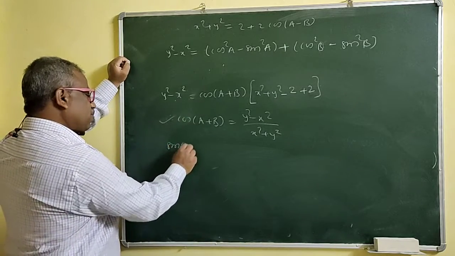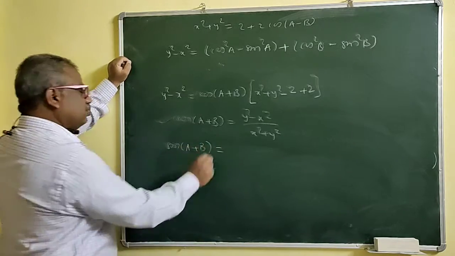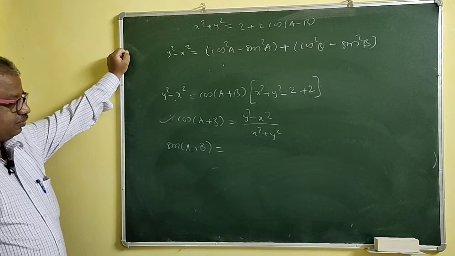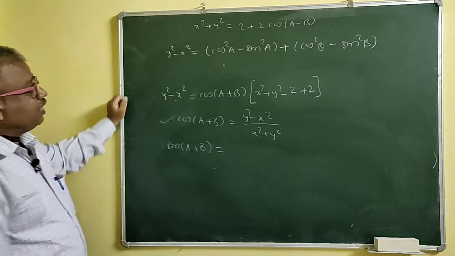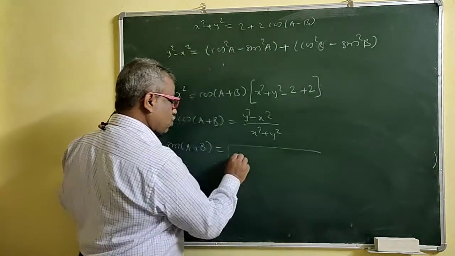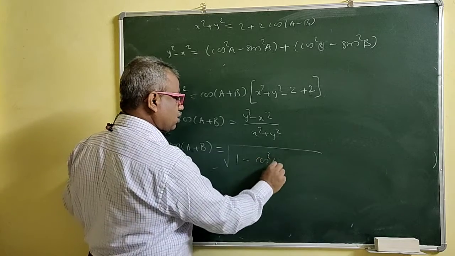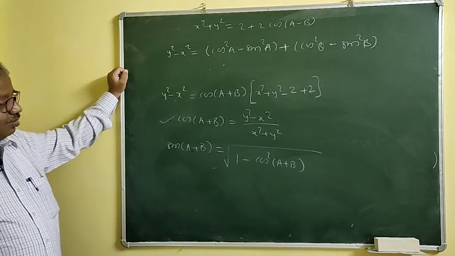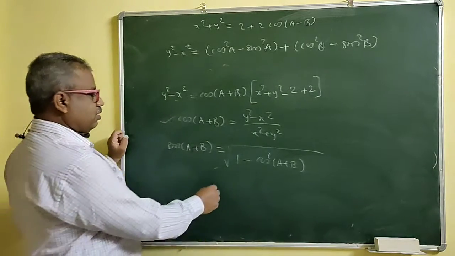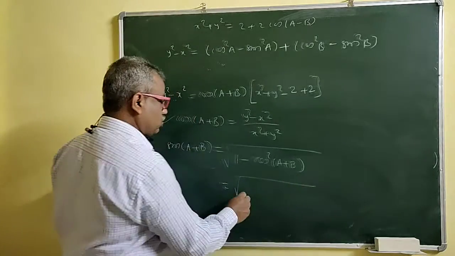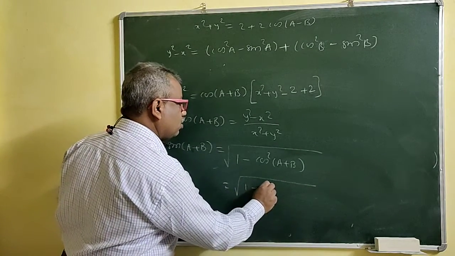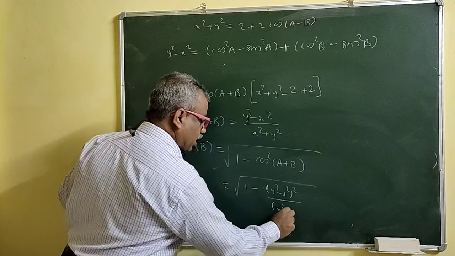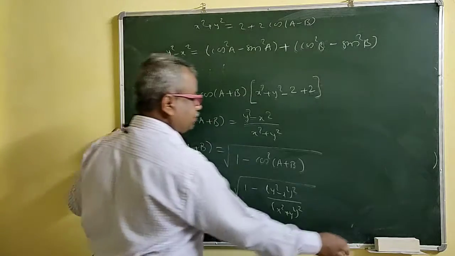So sin of (A plus B) is equal to what then? This is the root of 1 minus cos square (A plus B), by the fundamental identity. Now we have to take the square of this one. Root of 1 minus (y square minus x square) whole square upon (x square plus y square) whole square.